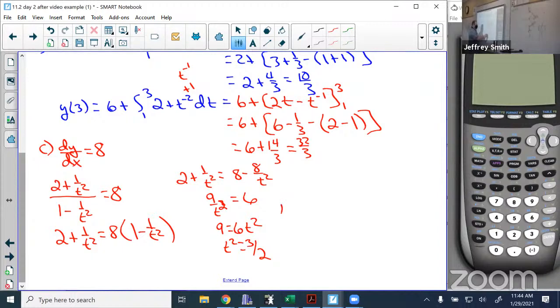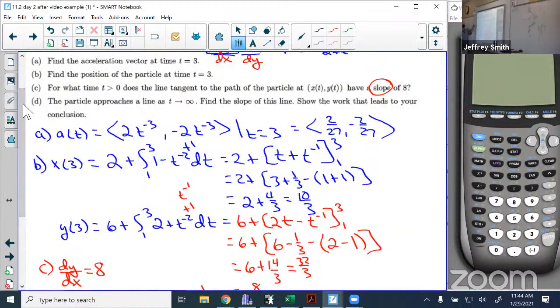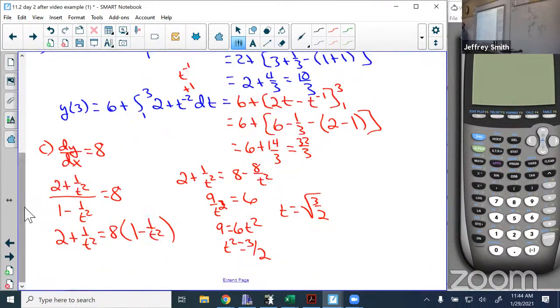And then finally, I'm just going to have the positive, because if I remember right, up here it says t greater than 0. So they don't want a negative value, they just want a positive value. That's one way to finish it.